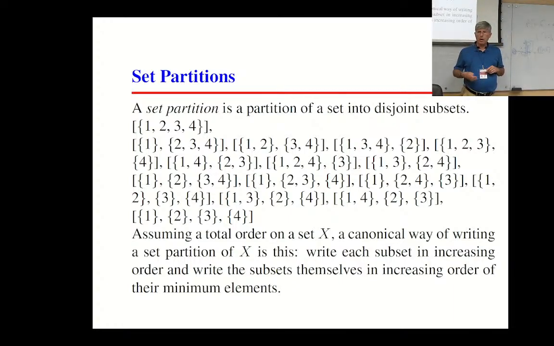If we take a look at this, one way we can partition the elements 1 to 4 into 2 sets: we could put 1 by itself and have the other 3 together. We could have 1 here with 2 and 3 and 4 alone. We could have 1, 2, and 3 together and 4 alone. Does everybody see that we can take these n elements and partition them into subsets such that the union of these subsets is the original set, and none of these subsets is empty?